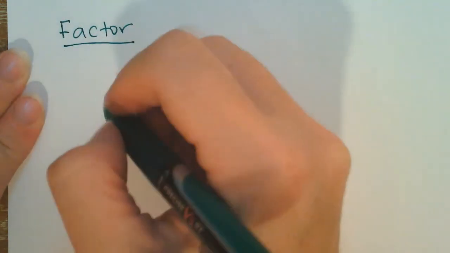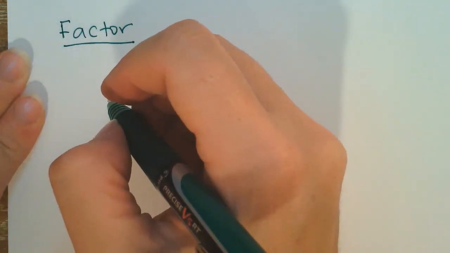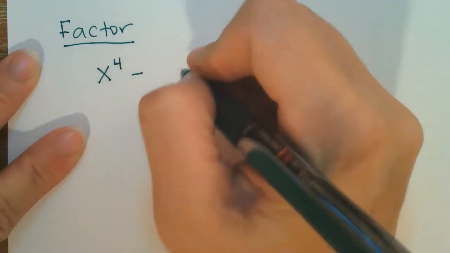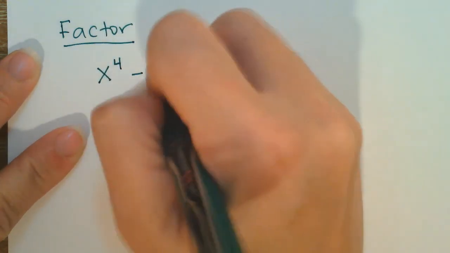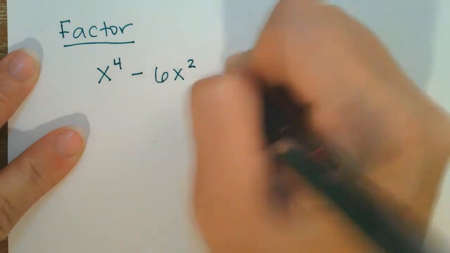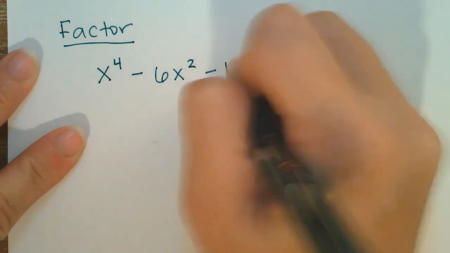We're going to factor x to the 4th minus 6x squared minus 16.